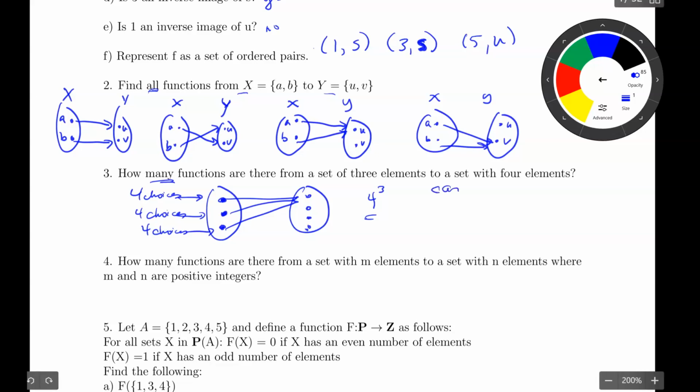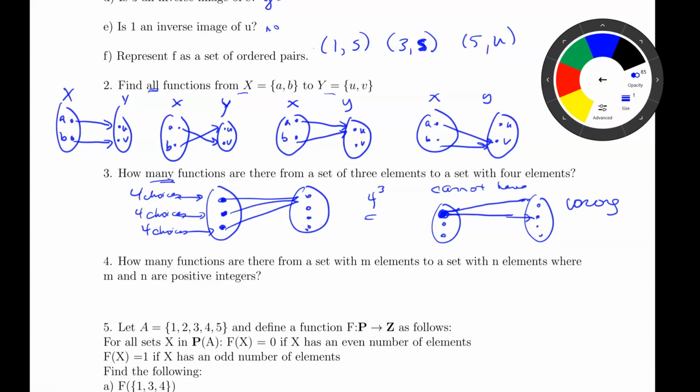So what we cannot have, let's make sure, if I have these elements here, and 1, 2, 3, 4. Okay, so this element here cannot have 2 arrows coming out of it, right? You can't say, oh, this element here sometimes goes here and sometimes goes here. So this is really wrong, right? An element in the domain cannot have two arrows coming out of it. I can have an element in the codomain having two elements going to it, but not in the domain.